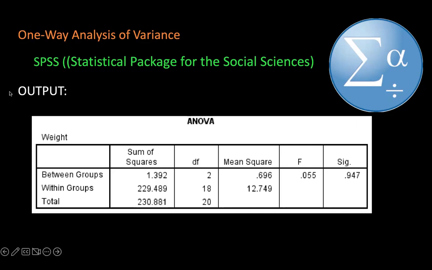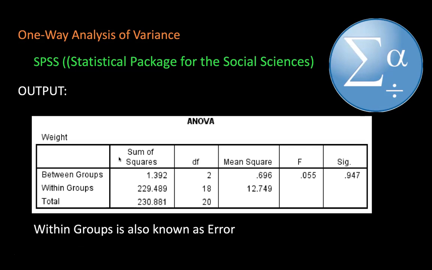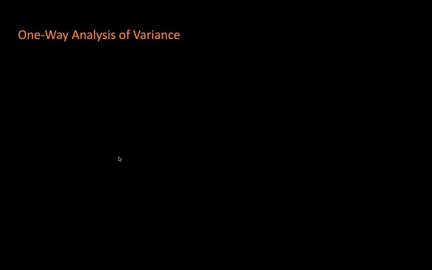Notice that the degrees of freedom for between groups plus the degrees of freedom for within groups add up to the total degrees of freedom, which is 20, because 18 plus 2 is equal to 20. The F score is 0.055, and the significance level, the P score, is 0.947. Within groups is also known as error. Just keep that in mind.